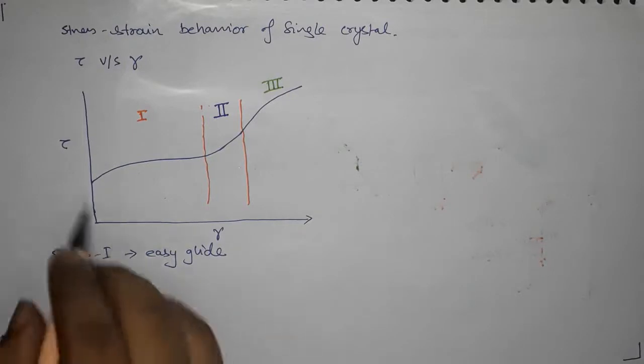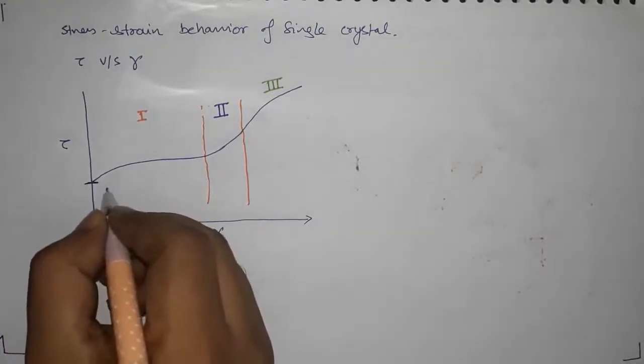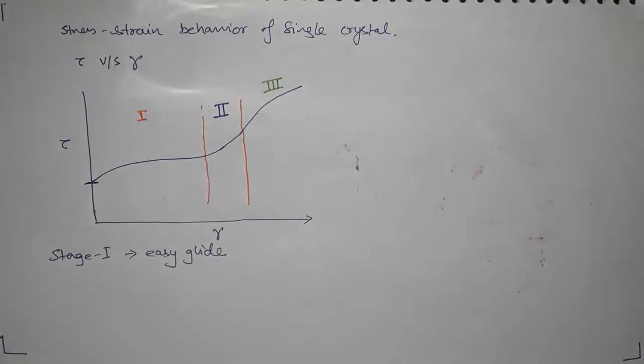So now what is happening here is that you need some amount of stress, which is the critical resolved shear stress for slipping to start, for dislocation to start moving, and we will talk about this resolved shear stress later on. So you need some amount of stress before the slipping starts, before the dislocation starts moving.